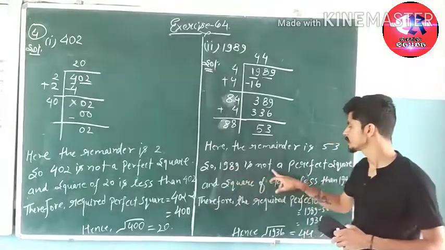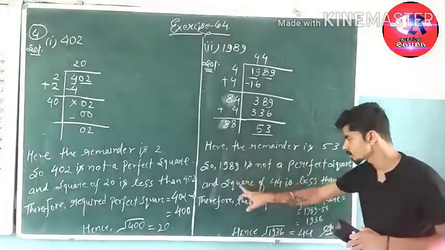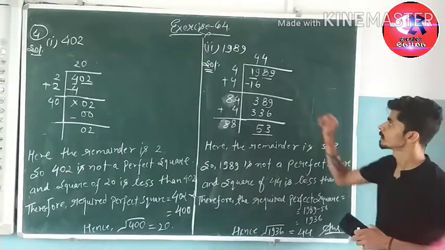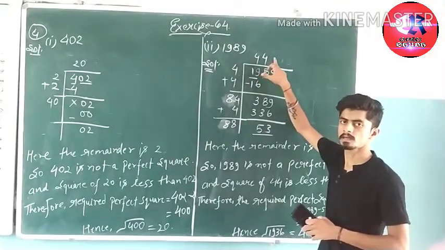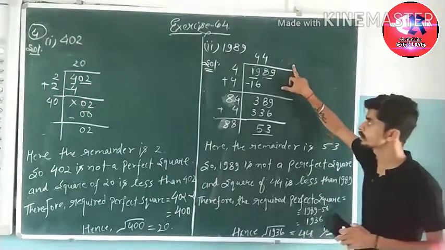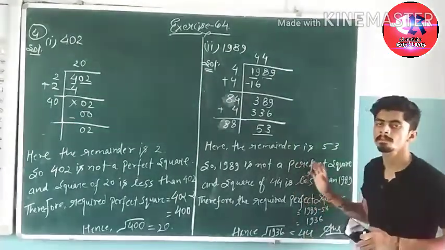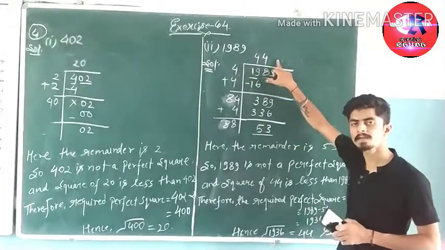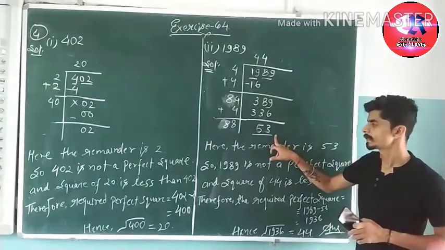So 1989 is not a perfect square, and the square of 44 is less than 1989. The quotient is 44, and squaring it gives a number less than 1989, because we already got 44, but the remainder is 53.